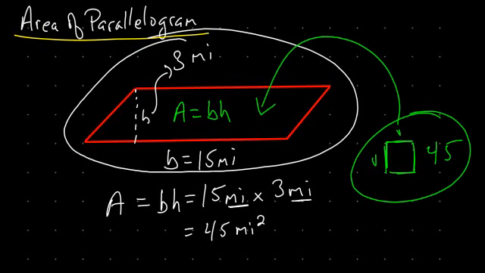Again, very important to understand what this area business is. That is exactly what it is. It's how many of these unit squares, 1 mile by 1 mile, can we fit into the space that we're looking at. And that will do it for the definition here of the area of a parallelogram.